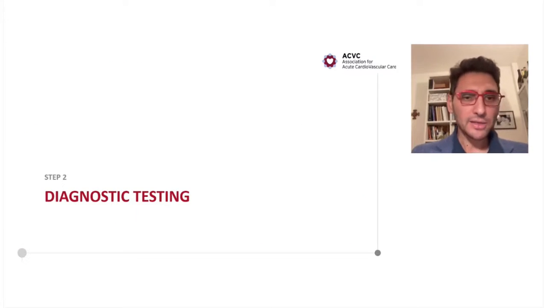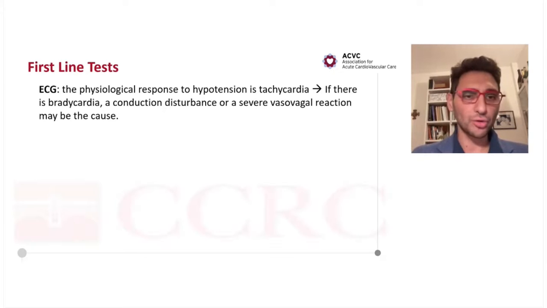Now, let's move to the diagnostic testing that may help us get to a diagnosis. The most useful tests, in the vast majority of cases, start with the ECG. Always remember that tachycardia is the physiological response to hypotension. So if you have bradycardia, usually you already have the diagnosis.